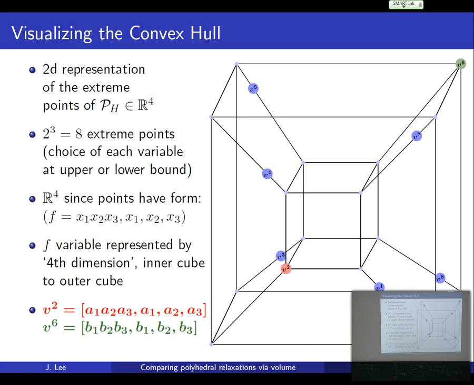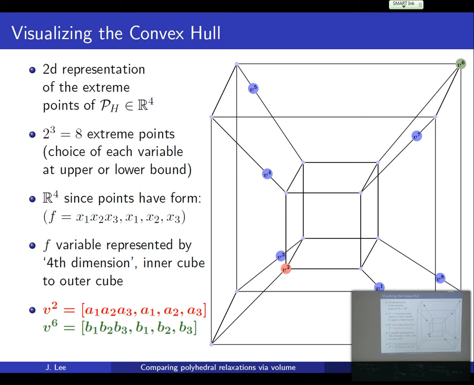So the V2, this point that's sitting on the inner cube there with everything at their lower bound, is where the three variables are at their lower bounds. And then the point where the three variables are at their upper bounds is out here. Okay, so it's out on the outer cube, but then everything's at the upper bounds instead of the lower bounds, so it's the sort of outer point of the outer cube.